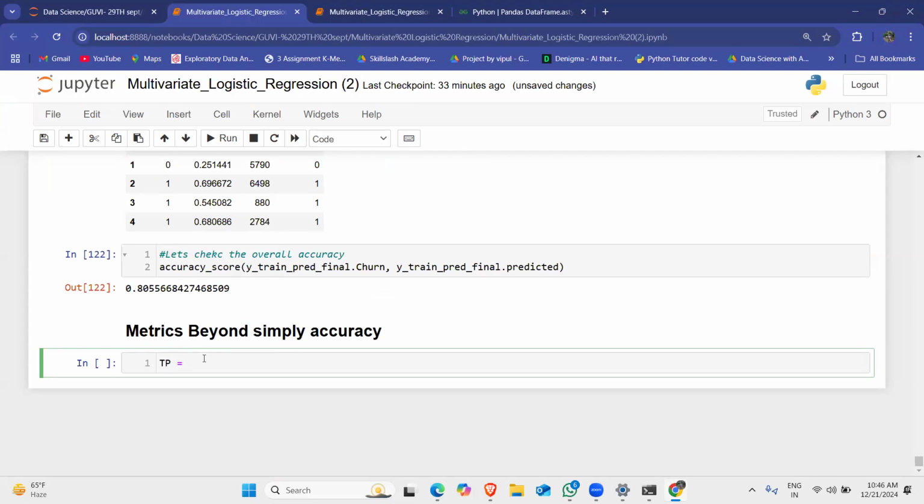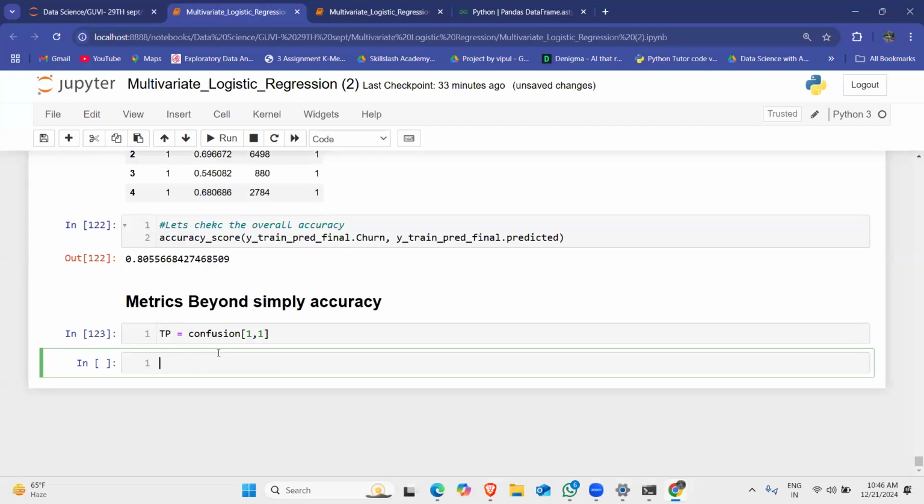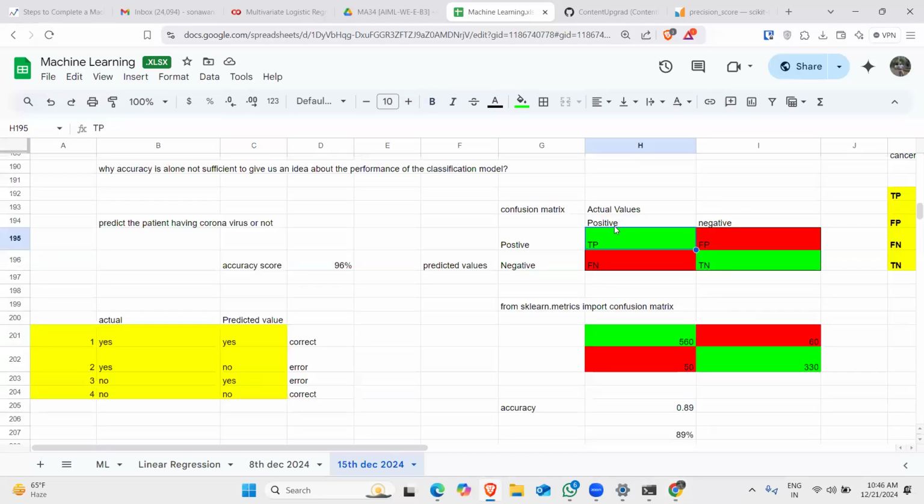TP is equal to confusion matrix. With that, I want to find 1, 1. That is my true positive rate, right? Let's call positive as 1 and negative as 0. So true positive is nothing but 1, 1.